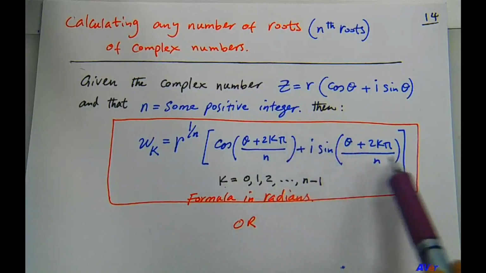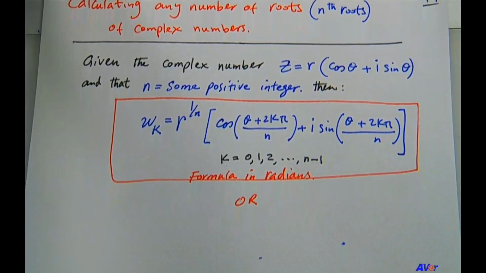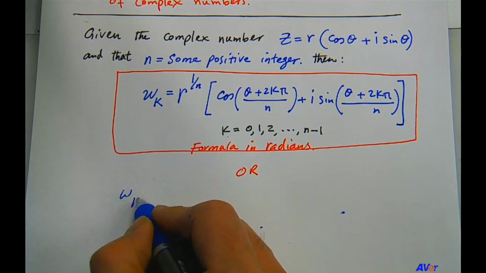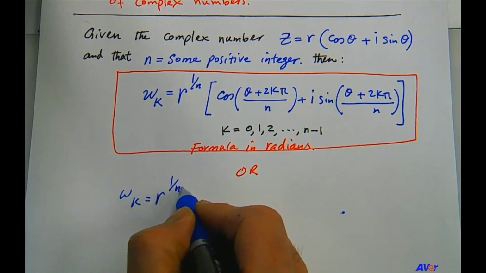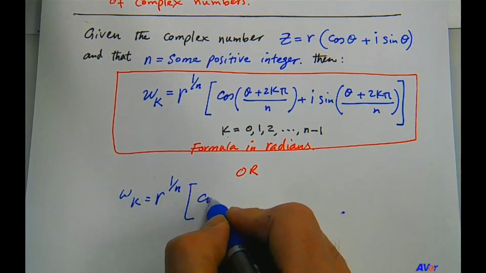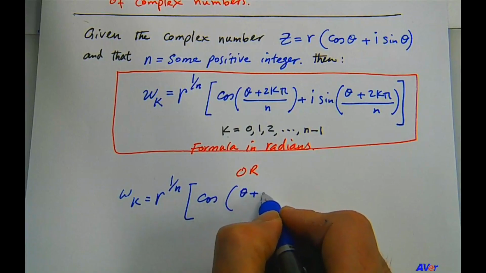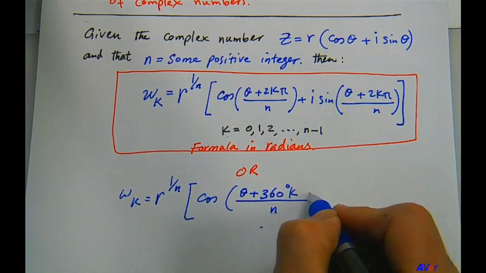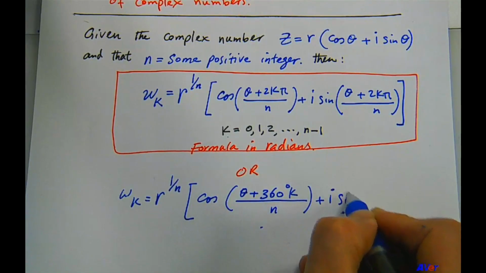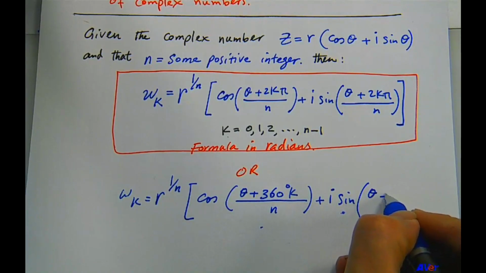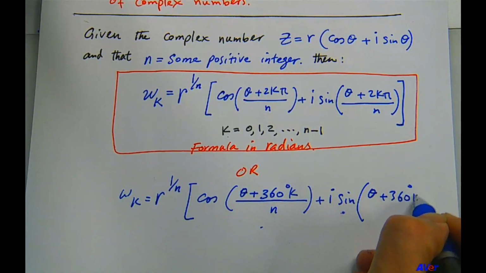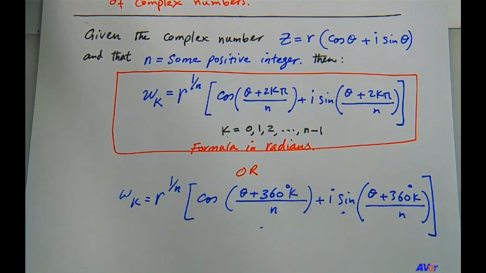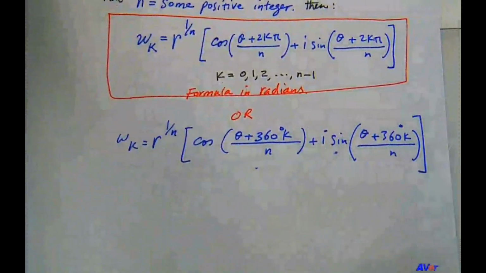Just replacing 2 pi here and here with 360 degrees. So cosine of theta plus 360 k over n, plus i sine of theta plus 360 degrees k divided by n.